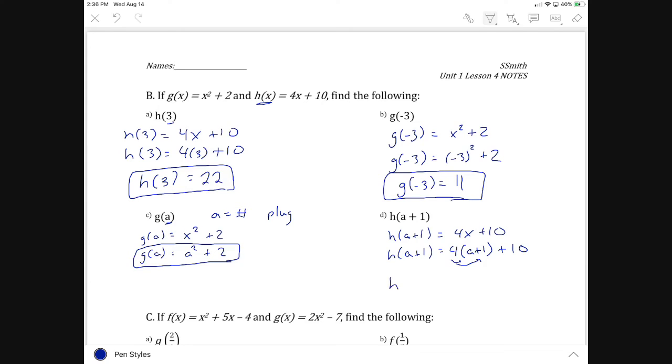So that's going to leave us getting h of a plus 1 equals 4a plus 4 plus 10, which ends us having h of a plus 1 equals 4a plus 14 for our final answer.